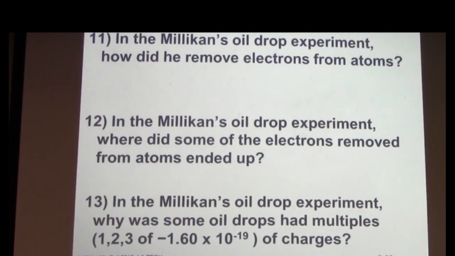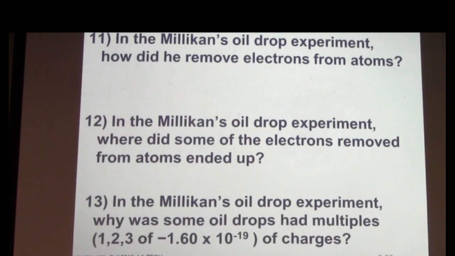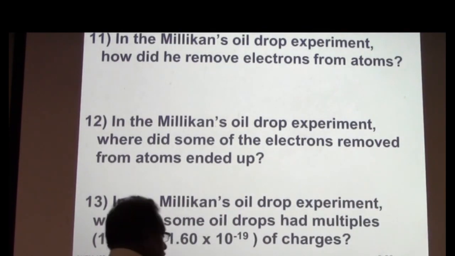Okay, now let me explain this. I don't want to get into high-level details of how we do this experiment, but I will tell you what. Millikan's oil drop experiment. How did he remove electrons from atoms?